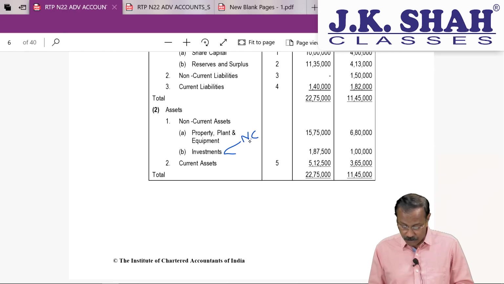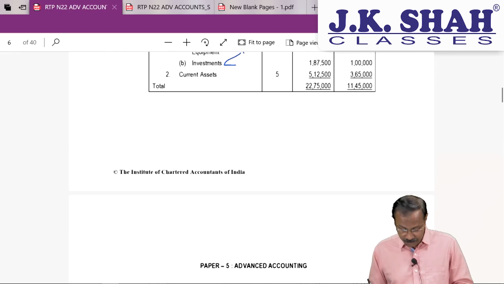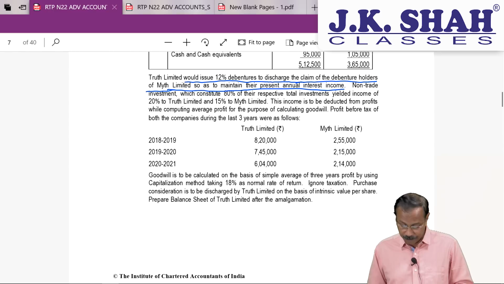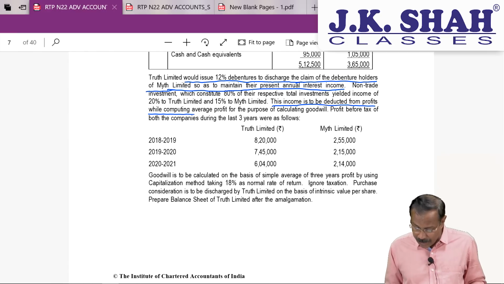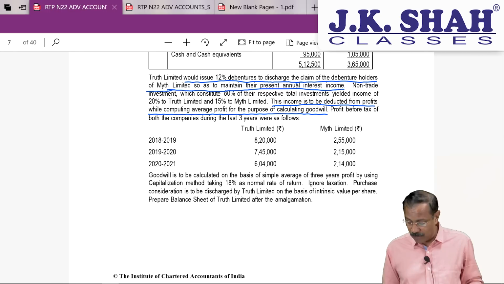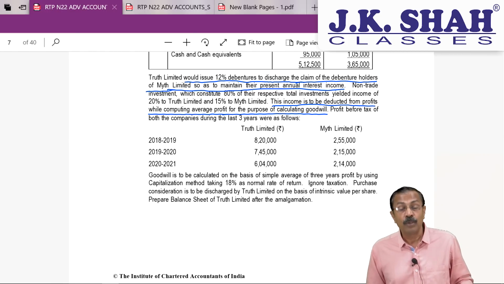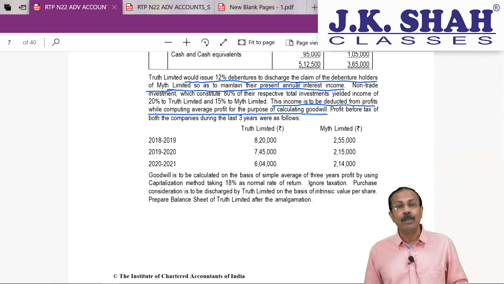Non-current investments are specifically given as 80%. This income is to be deducted from profits while computing average profit for the purpose of calculating goodwill. So while doing goodwill valuation, you will not consider the income from these investments, remember.